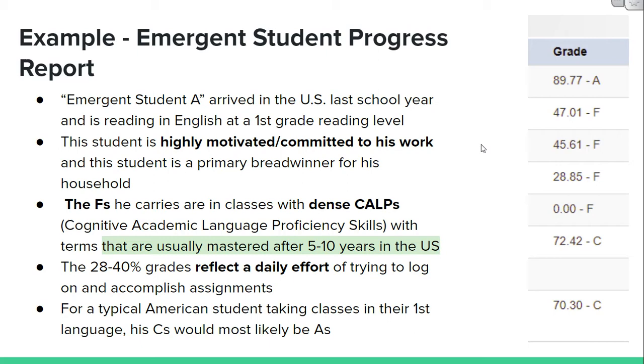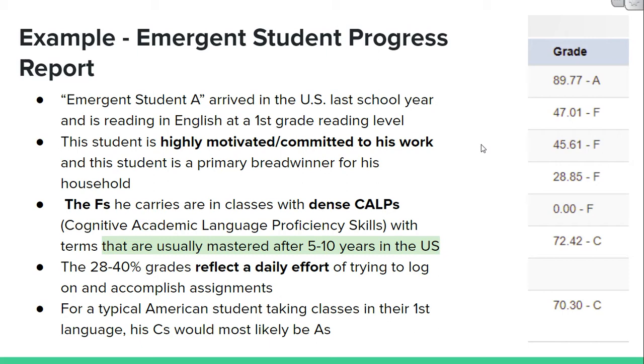Now, the Fs that he carries are really dense with something called CALPS, which is Cognitive Academic Language Proficiency Skills. That means all of that academic vocabulary with directions like analyze or interpret, but also those terms like the French Revolution or scientific method.